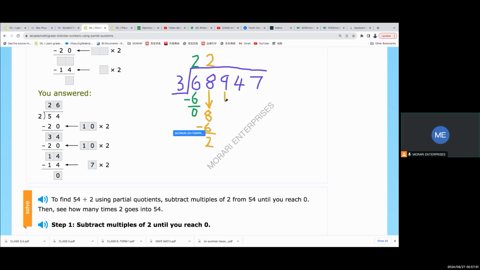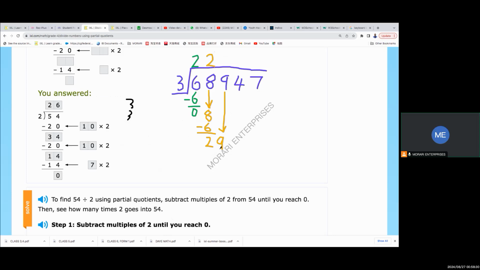And then we're going to drop your 9 to this level to make 29. And then you ask yourself, how many threes are in 29, right? You can also go by the side and do repeated counting of 3, or if you know your 3 multiplication table, you say 1 three is 3, 2 threes is 6, 3 threes is 9, 4 threes is 12, 5 threes is 15, 6 threes is 18, 7 threes is 21, 8 threes is 24, 9 threes is 27, 10 threes is 30.